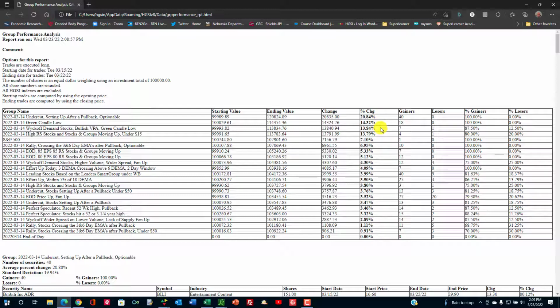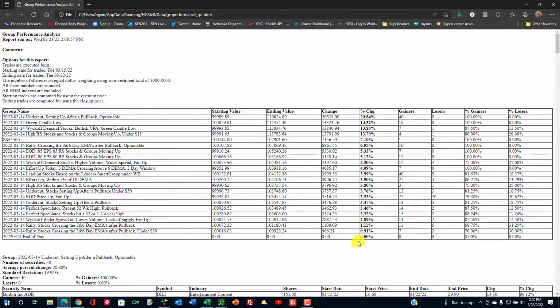Wyckoff demand stocks with a bullish VPA flag coming off of a green candle low, 13.84, 7 winners, 1 loser. And then high relative stocks and groups moving up under $15, 13.79, 4 and 1. And the S&P, of course, has had a very nice rally, 7.10.